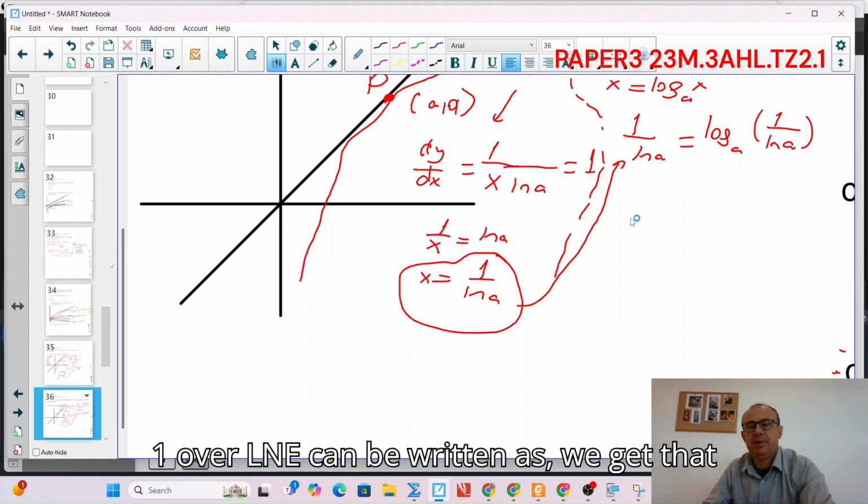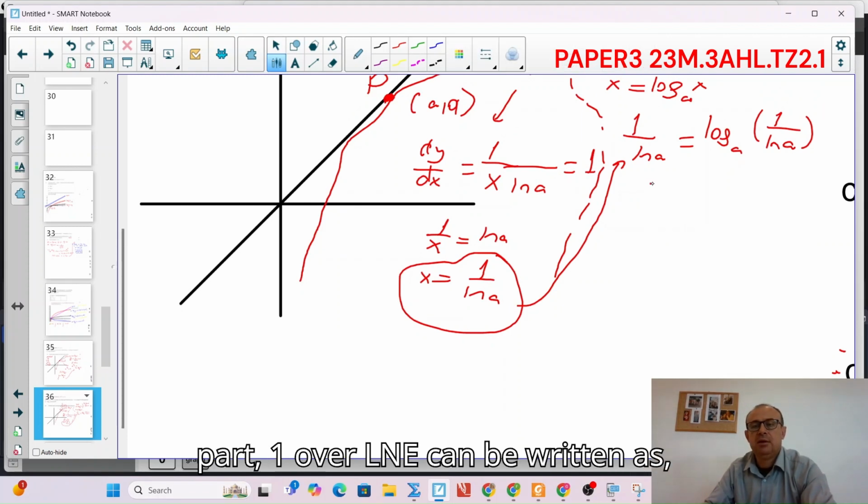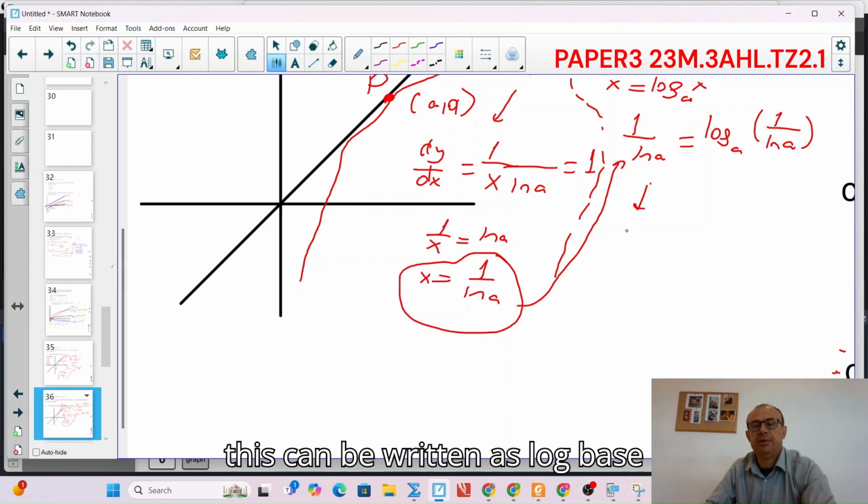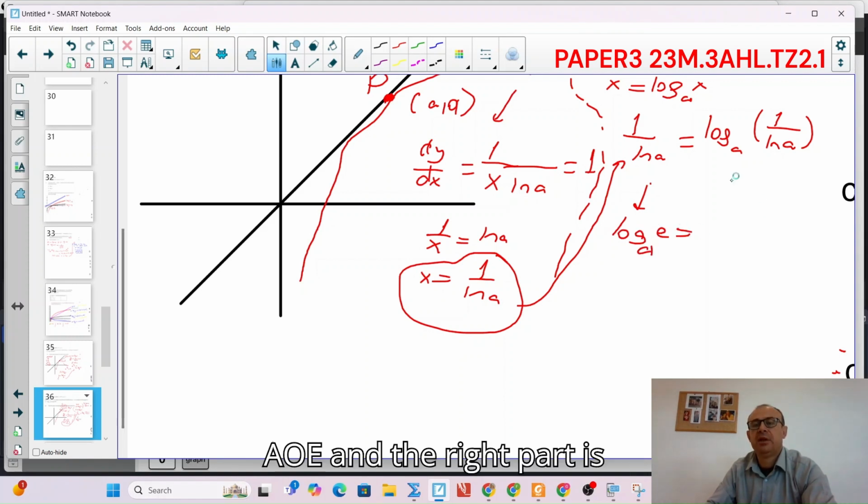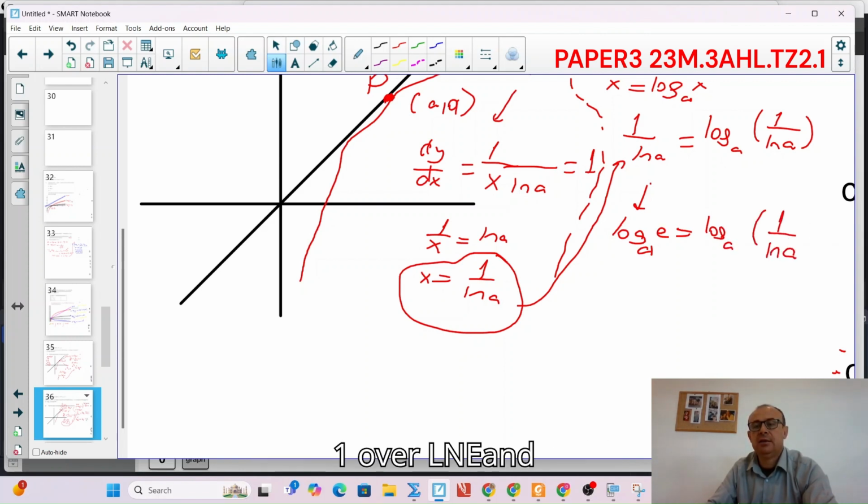1 over ln a can be written as, if you move ln a to the numerator, log base a of e, and the right part is again equal to log base a of 1 over ln a.